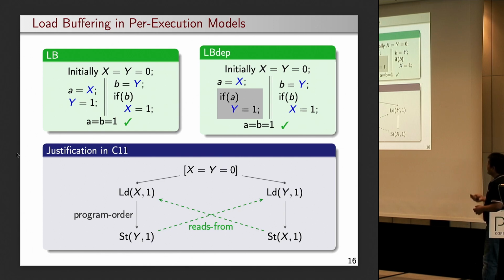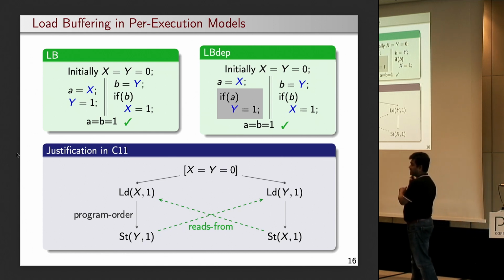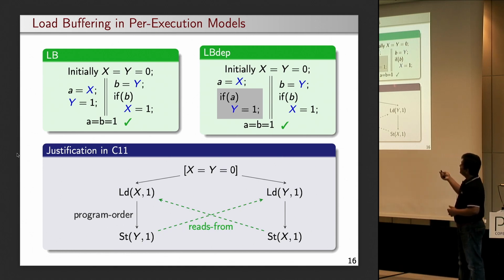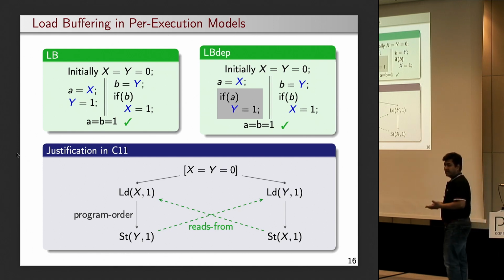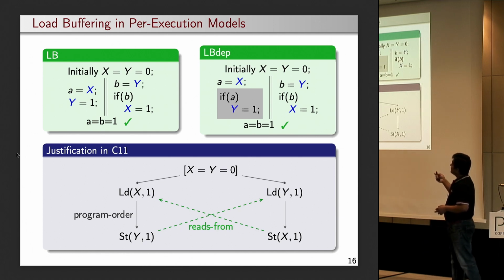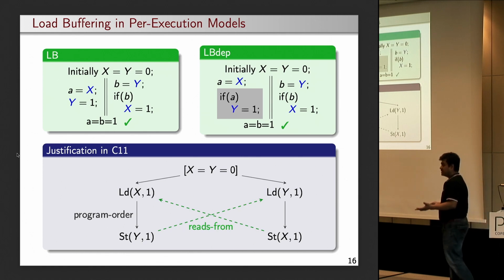But C++ says that this behavior is allowed for this particular program, and this behavior is possible. This is where the C++ model is being very weak, for two reasons. It allows some behavior which is not possible in a program, which is termed out-of-thin-air behavior. And for the LBDEP program, there is no data race, but C++ says that there is a possibility of a data race.